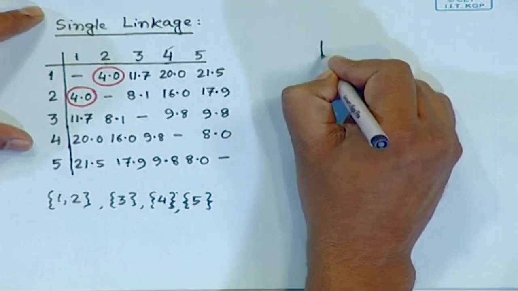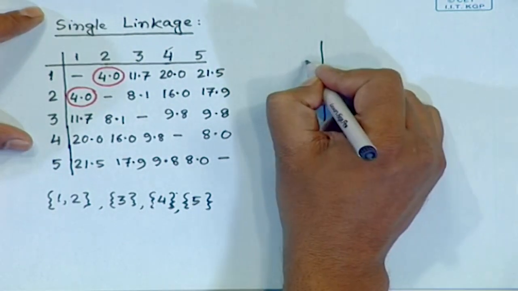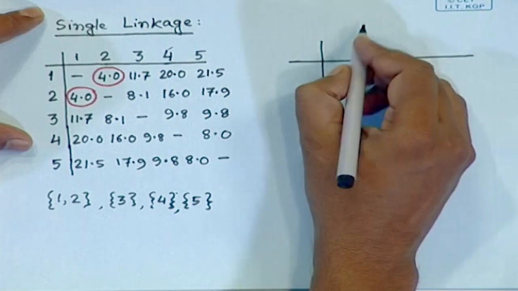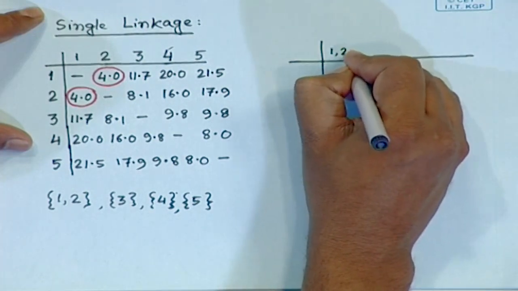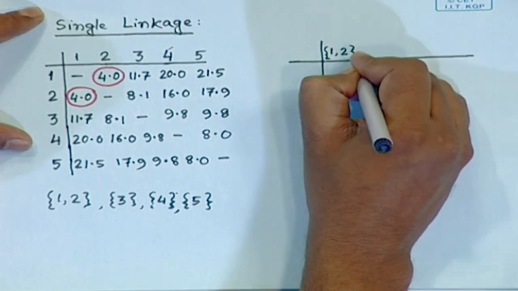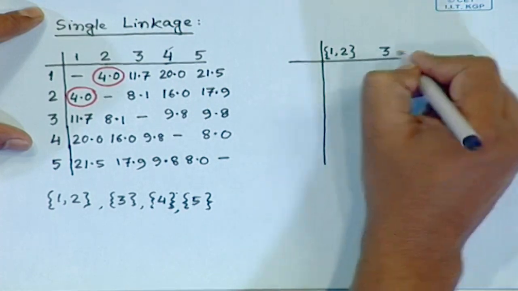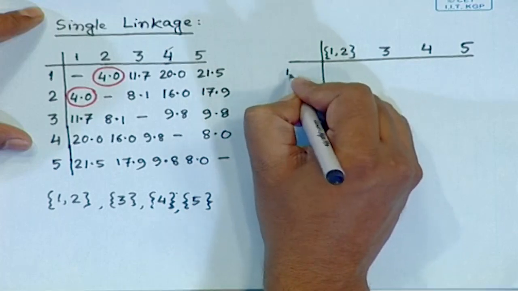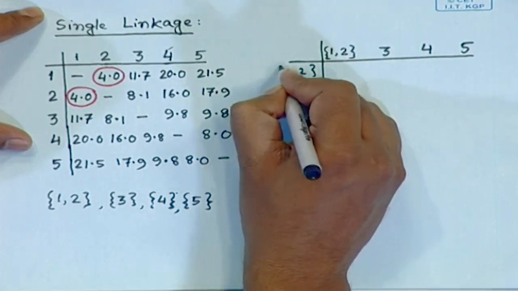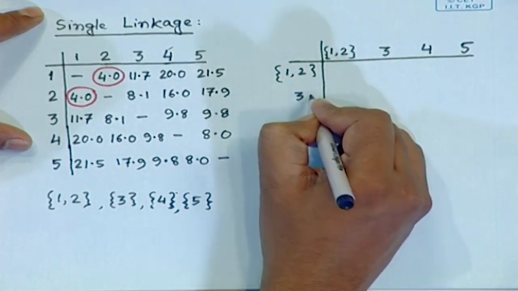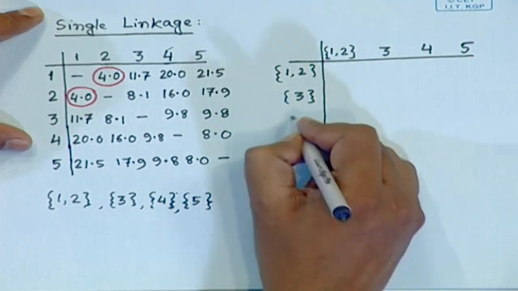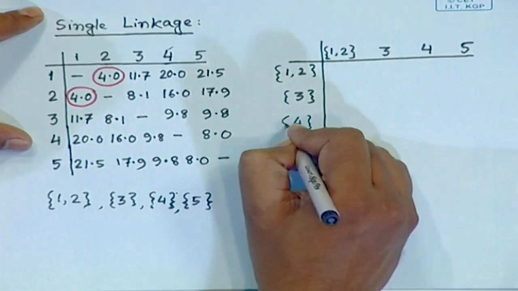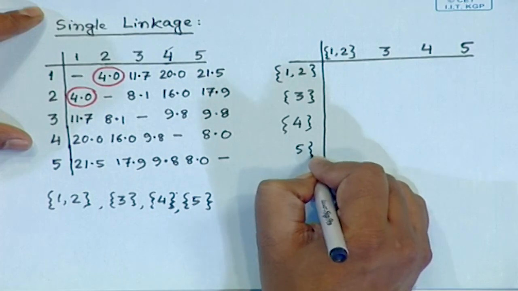So, at the second level, the clusters that I have are 1 2 coming to a single cluster, 3, 4 and 5.